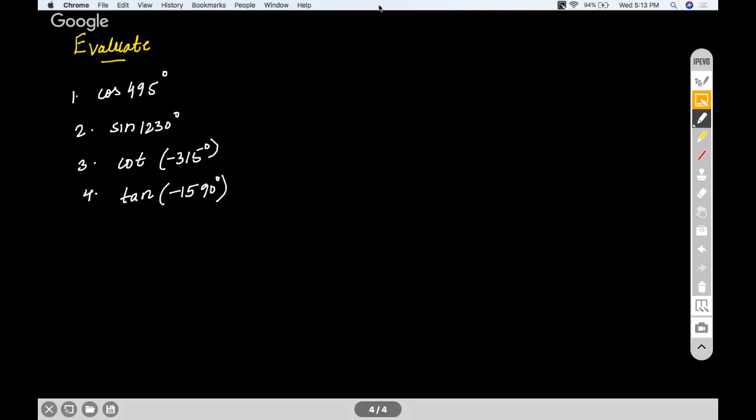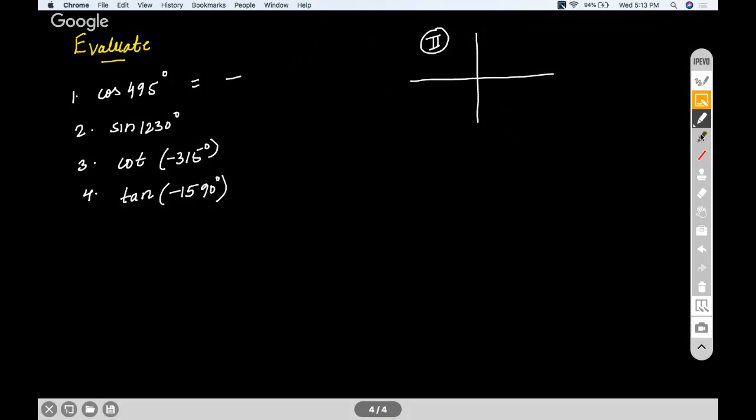The first one, cos of 495 degrees. So 495 lies in which quadrant? First of all, let's try to identify the quadrant in which 495 lies. So 495 will lie in the second quadrant, correct? In the second quadrant, the sign of cos is going to be negative.